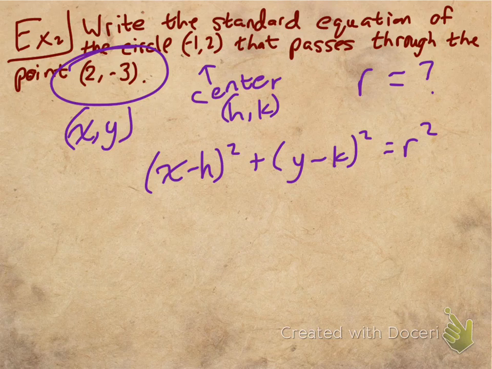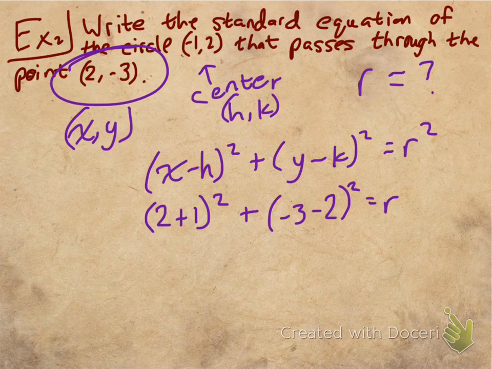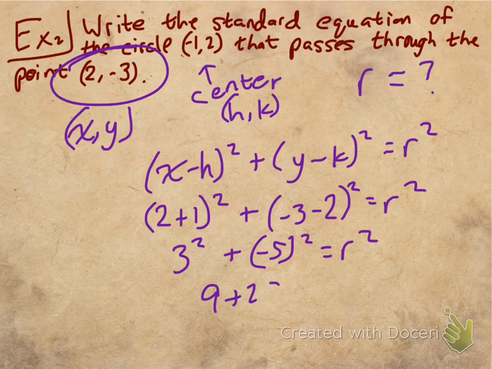We know that x is 2, h is -1, so I end up with plus 1 there, plus y is -3 minus k, well, k is 2, equals r². 2 plus 1 is 3, so it's 3² + (-5)² = r². So we get 9 + 25 = r². Therefore, 34 = r².